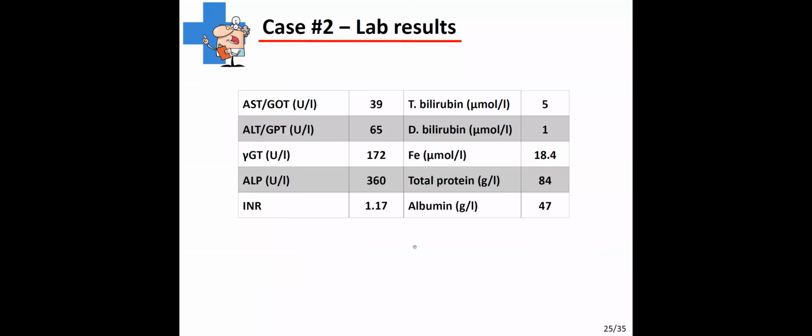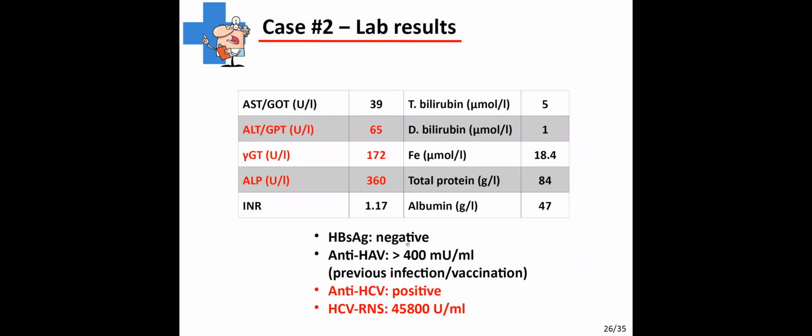All right, so that could happen. As you see here, we have an increased ALT, alanine transaminase, gamma-glutamyl transferase, and alkaline phosphatase only. And what else did they find? They found that the anti-hepatitis C virus is positive, and the RNA showed persistence of the hepatitis C virus.